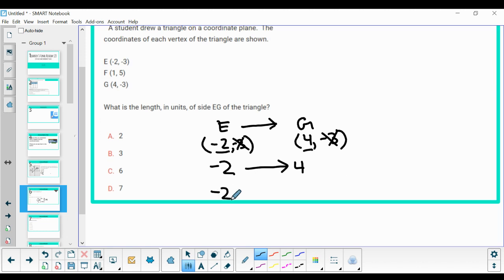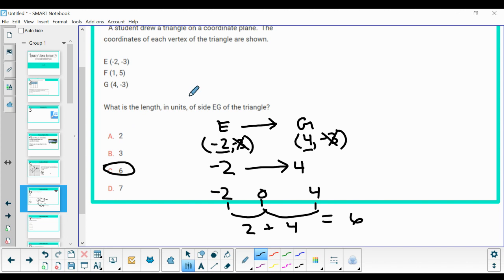If I'm at negative 2, and then this is 0, and this is 4 on the number line, it would be 2 hops from negative 2 to 0, and then another 4 hops from 0 to 4, which would make a total of 6 hops.